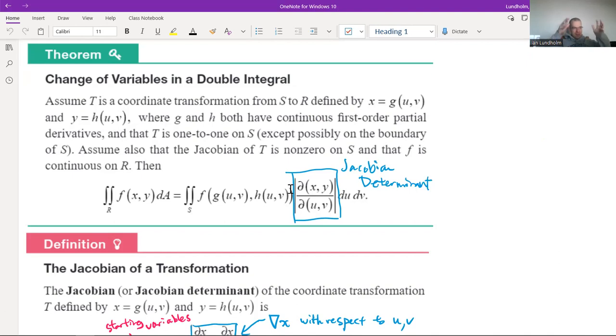And because we have those absolute value signs, we are going to want this always to be positive.